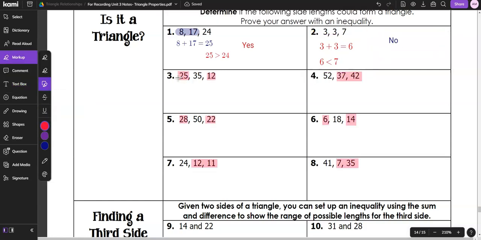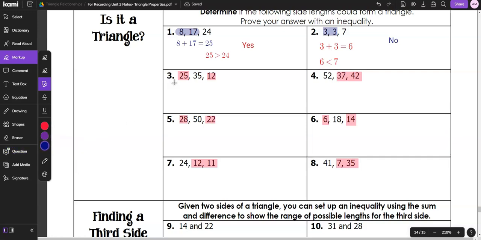So what I've gone ahead and done for number 3 through 8 is I've highlighted the smallest two numbers. In 1 and 2, they gave us the smallest numbers at the beginning because they listed them in order. However, for 3 through 8, they give them to us in a variety of different orders.